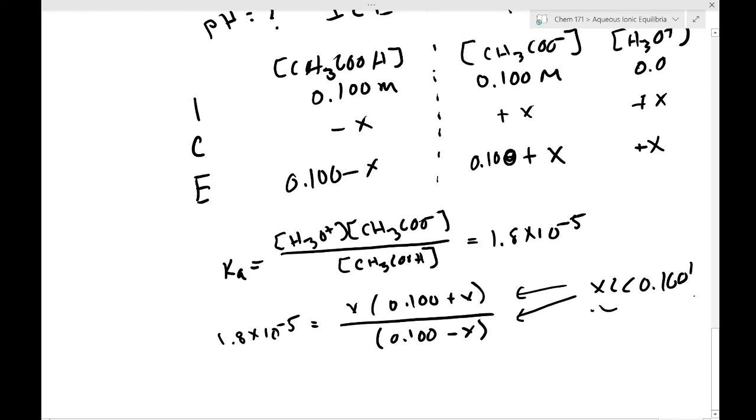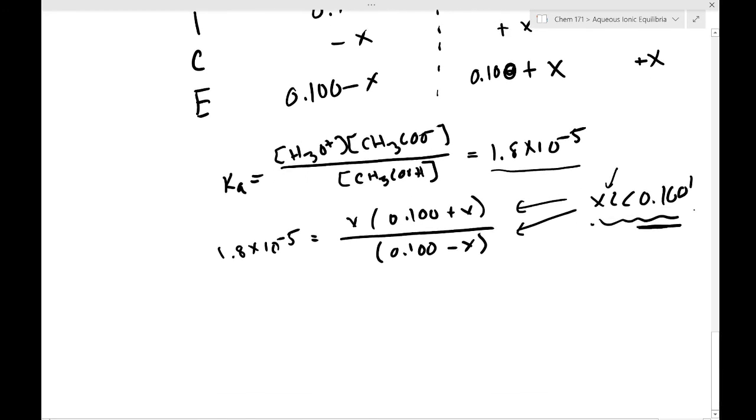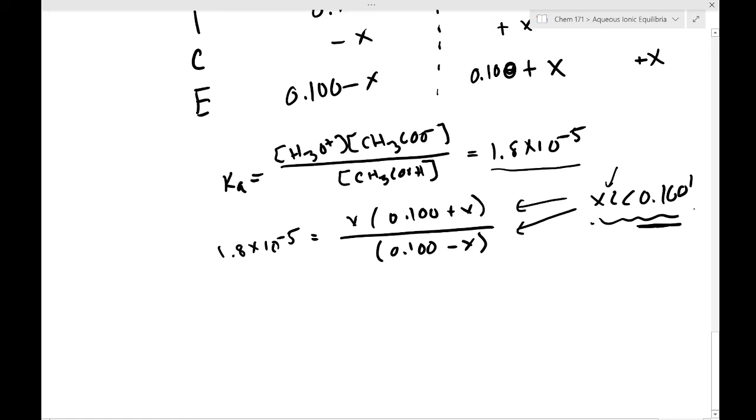And this is probably true because if I just compare 0.1 with the Ka value, they're about 1,000 times off of each other, right? Or more than 1,000, 10,000 times off of each other. Which means that X will probably be much less than 0.1, so that's a pretty good assumption right now. We can come back and check it later.